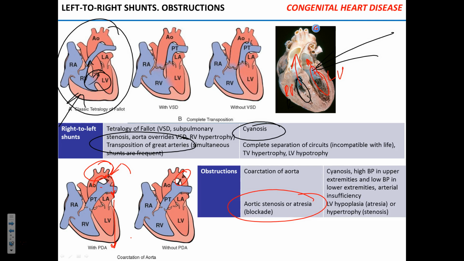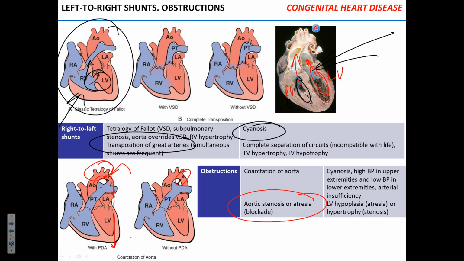Main symptoms. I'm not going to ask you some crazy stuff, but let's say if we talk about abnormalities like shunts, whether it's the septal defects or patent ductus arteriosus, know that the main symptom is cyanosis. Why?